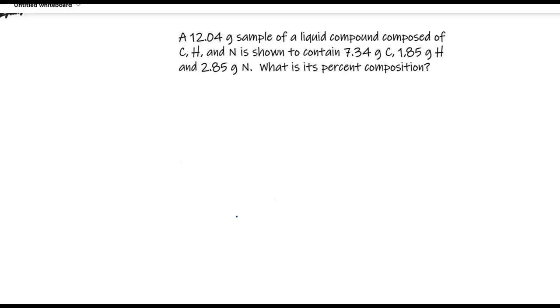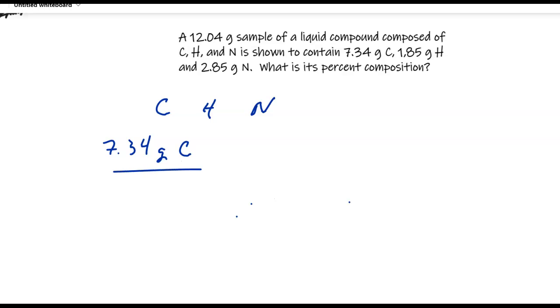So we have some chemical compound. It's made up of carbon, hydrogen, and nitrogen. And we are told that we've got 7.34 grams of that sample is carbon.